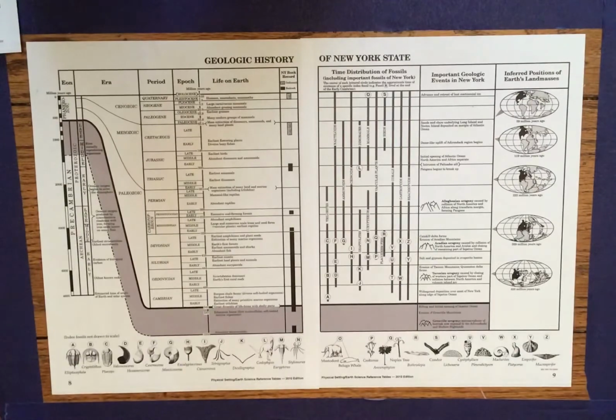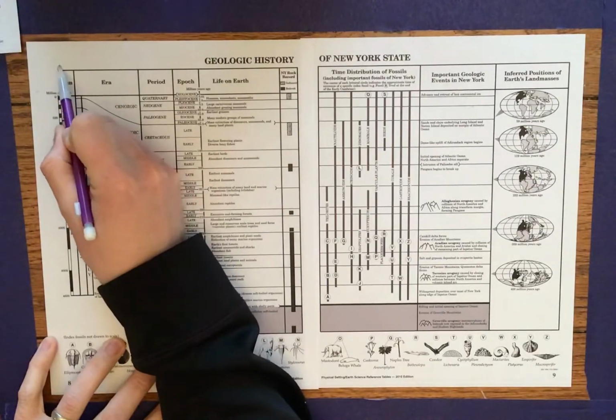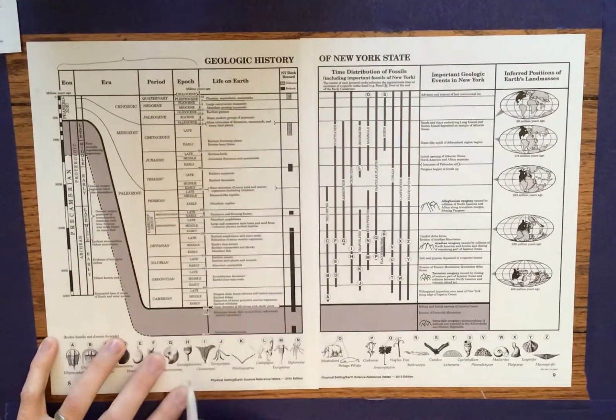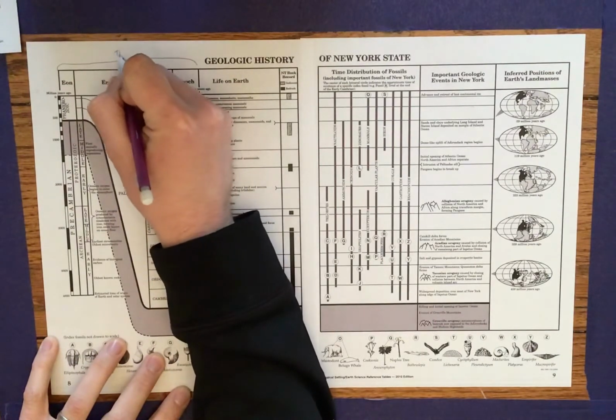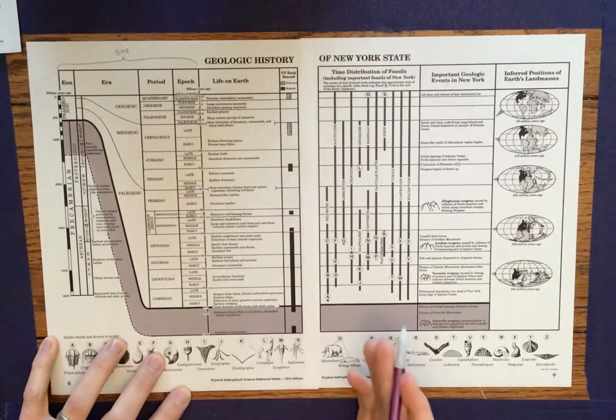The first thing I'm going to point out is from here to here: eon, era, period, and epoch. These are all referencing time, and they work like what we would say in terms of a year versus months versus weeks versus days.